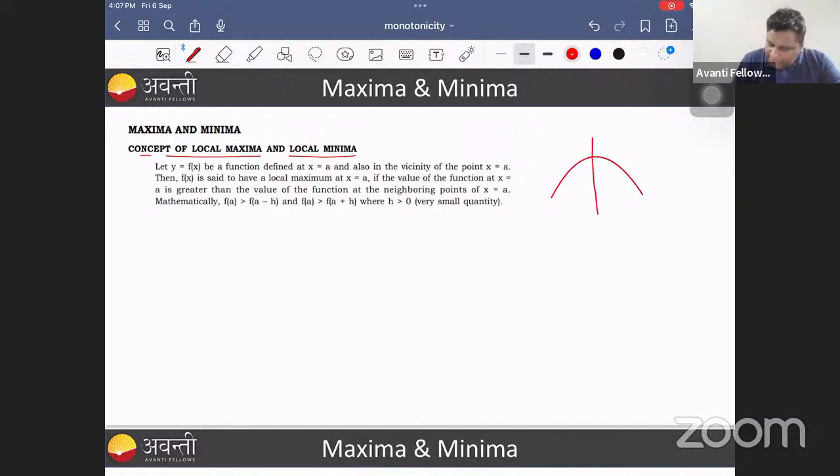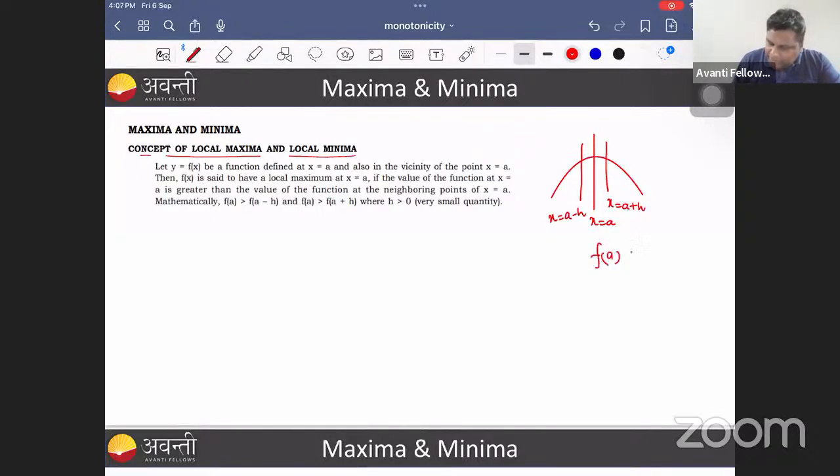Say this is the point x equals a. To the right of it, this is x equals a plus h. In the immediate left of it, this is x equals a minus h.